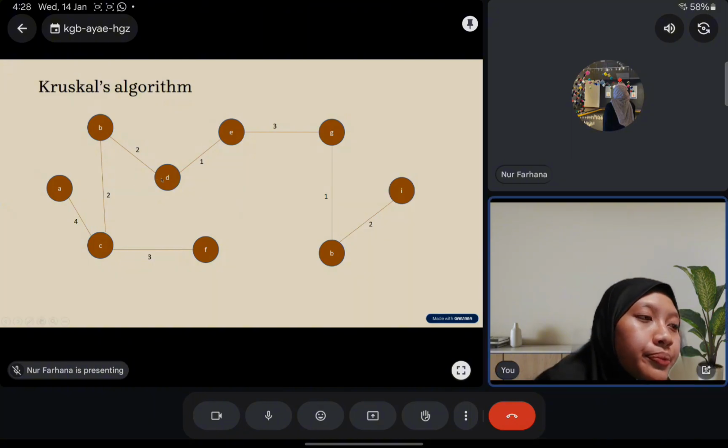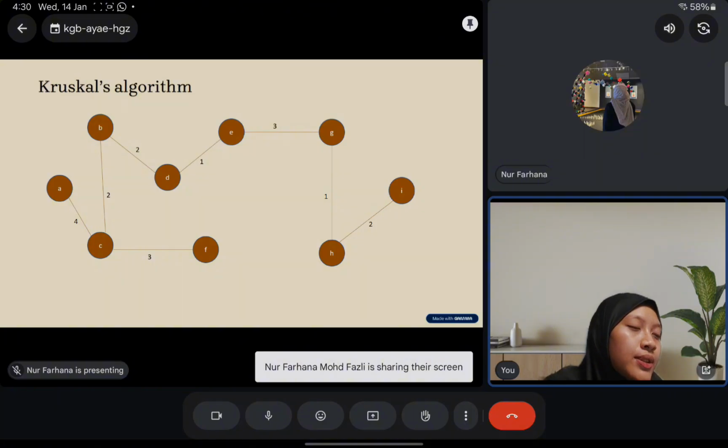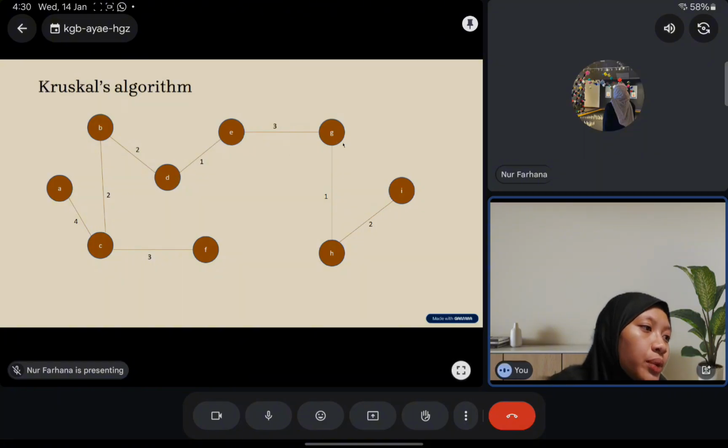First we will make the line DE, and then we will choose G. After we choose D to E, we will choose G to H because it has the minimal cost 1, and then we will make this line, then this line, and then this line, and this line, this line, and then this line. Lastly, this line.